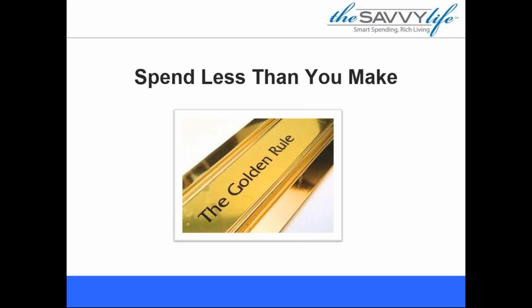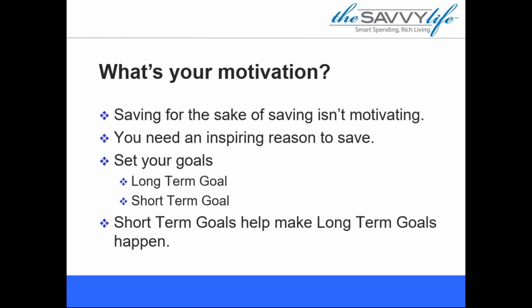Now, the plus side, creating a plan for where you need and want to spend your money over the course of the next 12 months will help greatly to ensure that you are living within the golden rule and spending less than you make. Now, before we get into the nuts and bolts of actually creating your spending plan, one of the things that needs to be thought through is, what is your motivation for wanting to go through this process?